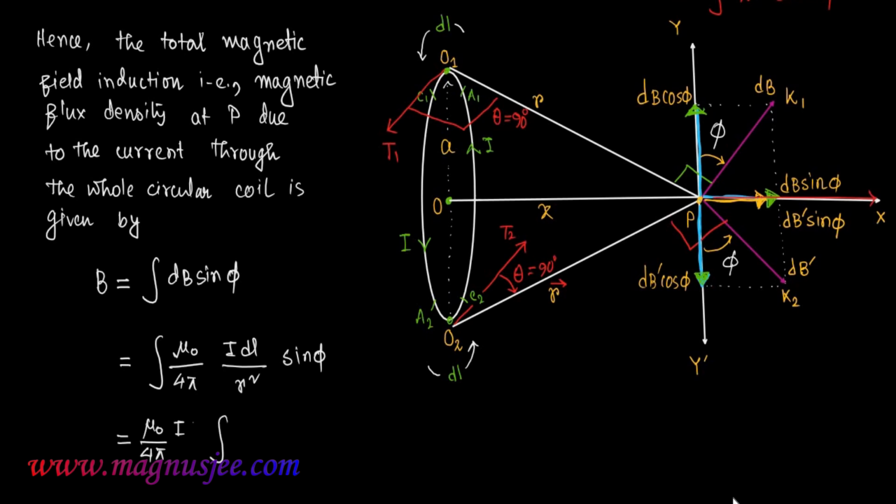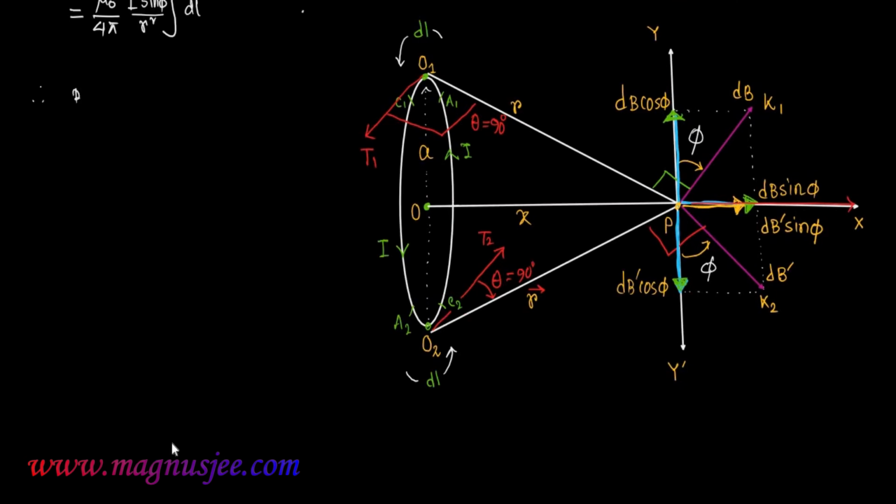Now we can bring the constant terms outside the integration, that is bringing mu 0 by 4 pi I sin phi by r square outside the integration, and we get B equal mu 0 by 4 pi I by r square sin phi integration dl, equal mu 0 by 4 pi I by r square sin phi.